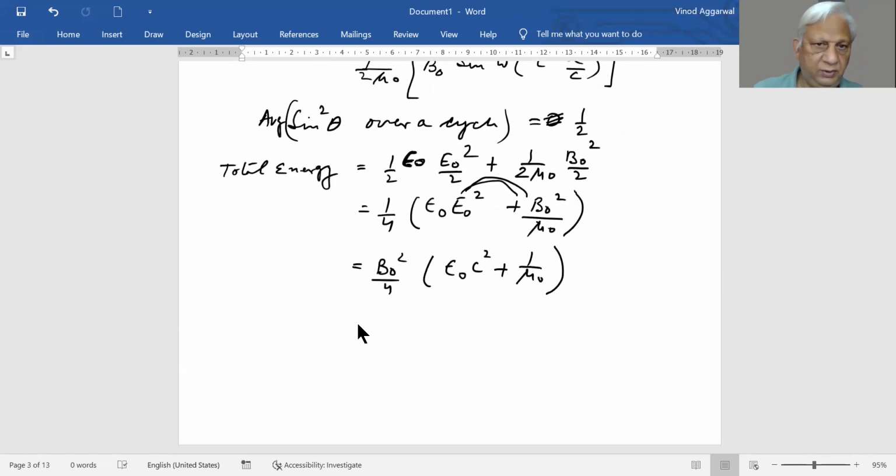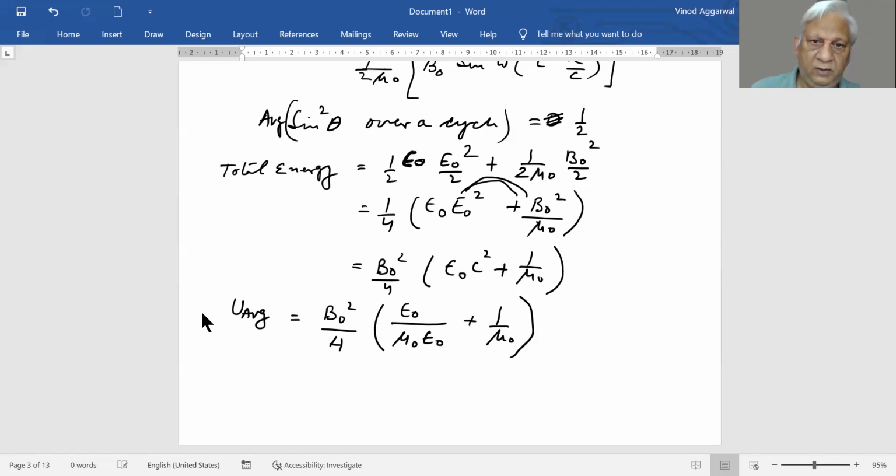So if we substitute C from here, what we get is the average, we're replacing C square with this term.